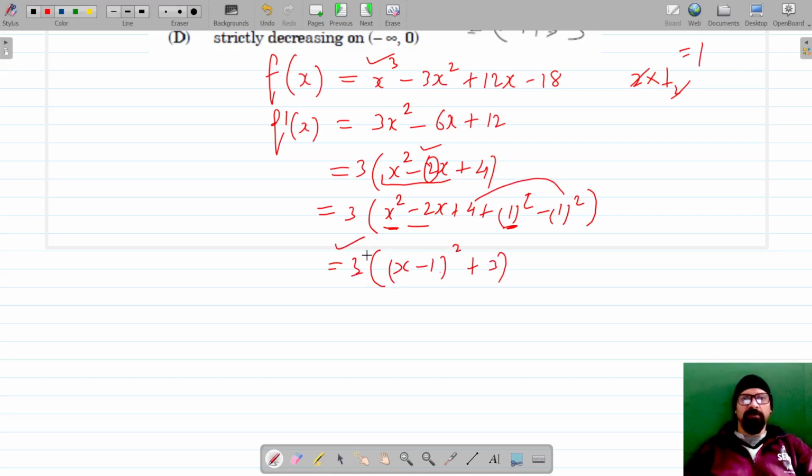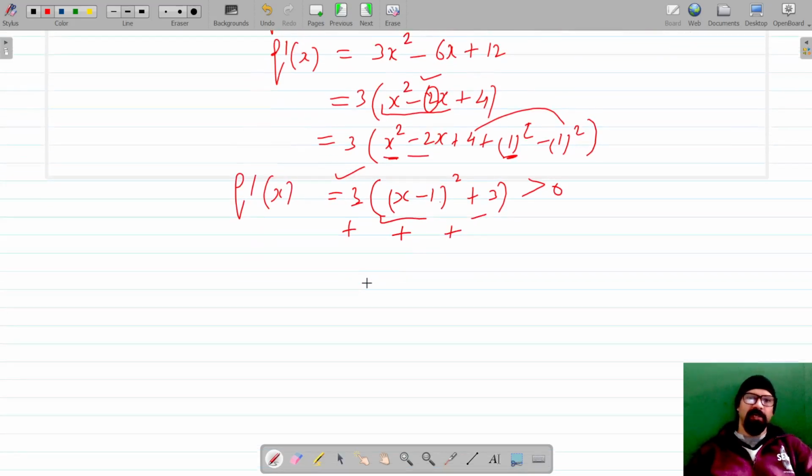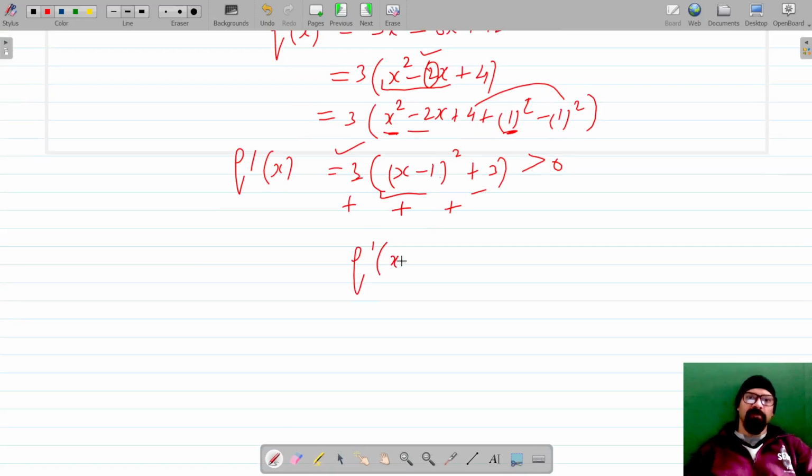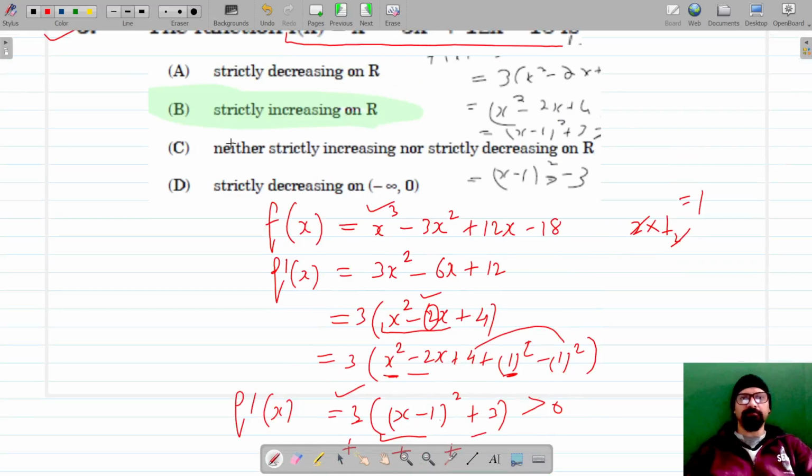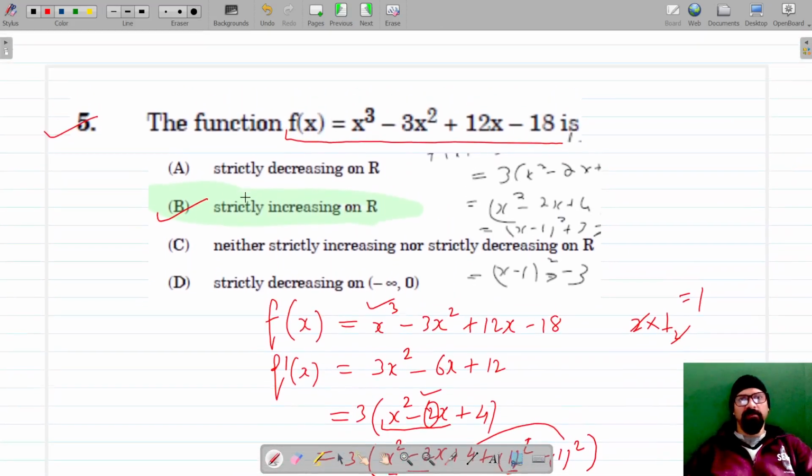Now this value 3 is positive. X minus 1 the whole square will always be positive. 3 is positive, so that means this is greater than 0. So that means f dash x is greater than 0. So for all values of x which belong to R, f is strictly increasing on R. So B is the correct option.